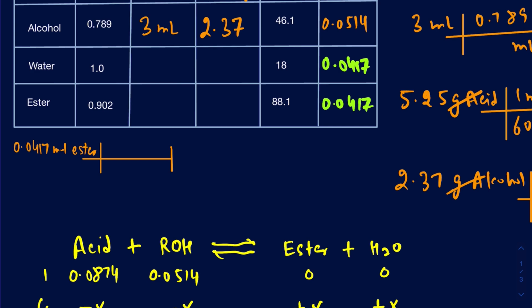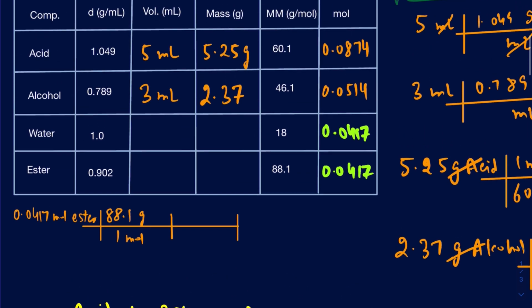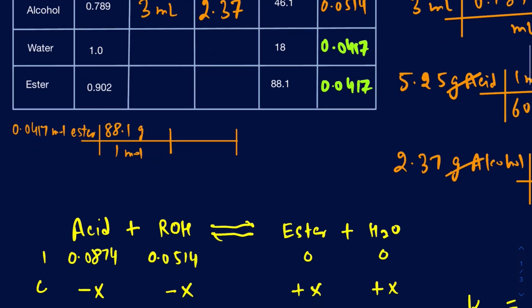So I have 88.1 grams of ester per mole; that's the molar mass. Maybe I can figure out the grams of ester first so that I can fill in the table. So how much is that going to be? We have 0.0417 times 88.1. That's going to be 3.67 grams of ester.